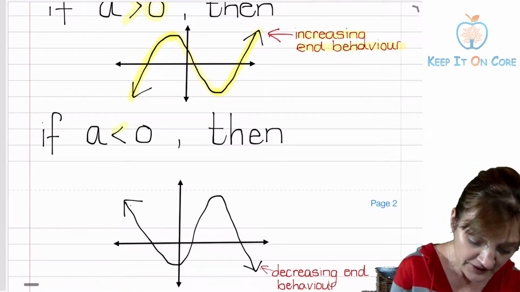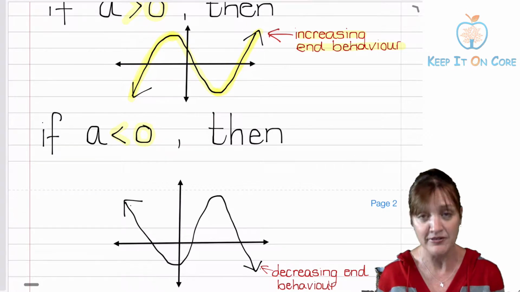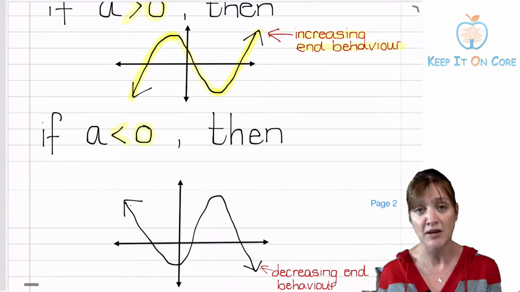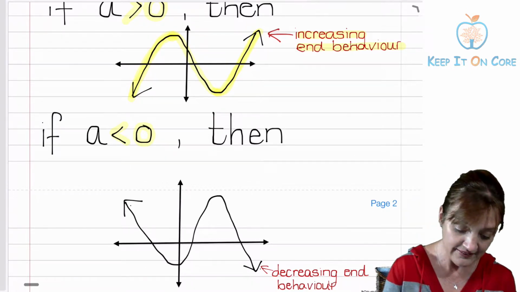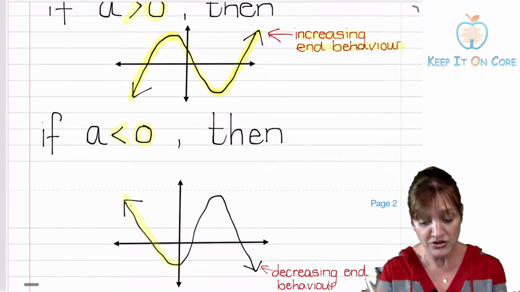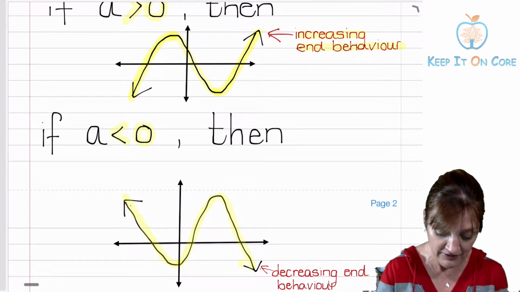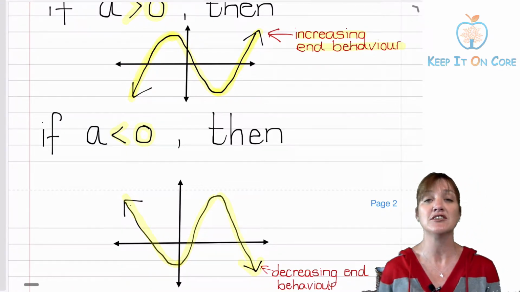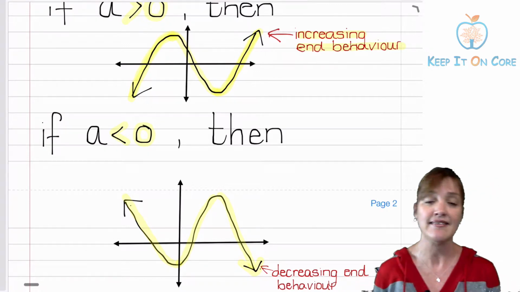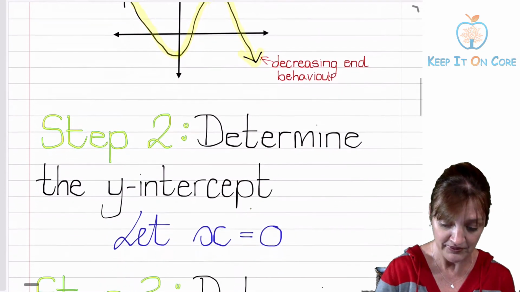If your a value is less than 0, it means your graph is going to be a negative shape. What does that look like? It's going to start by decreasing. Between the two turning points, it will increase, but its end behavior, the way it finishes off, is by decreasing, and that's how you're going to know that it's a negative cubic function.